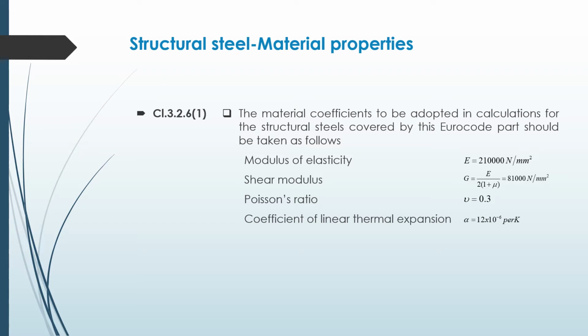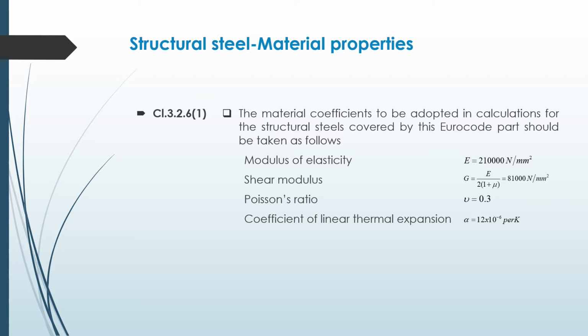In addition to material properties such as Fy and Fu, Clause 3.2.6 of the code also provides you material coefficients like the modulus of elasticity E, shear modulus G, Poisson's ratio nu, and the coefficient of linear thermal expansion alpha. As per this clause, E shall be taken as 2.1 x 10^5 N/mm².